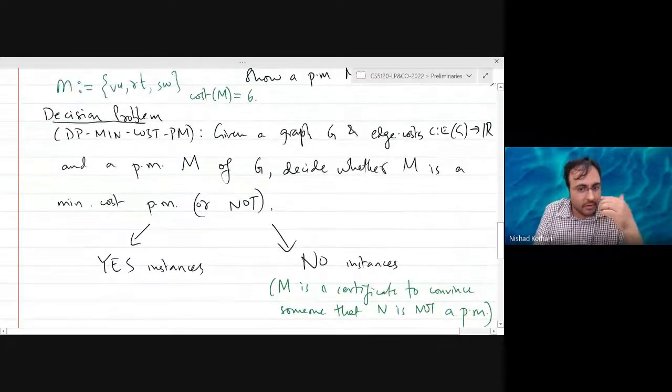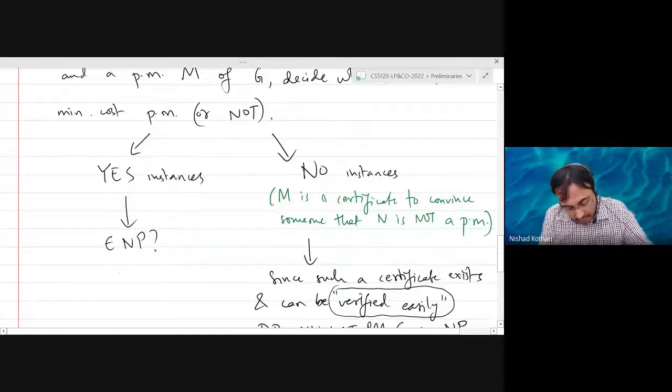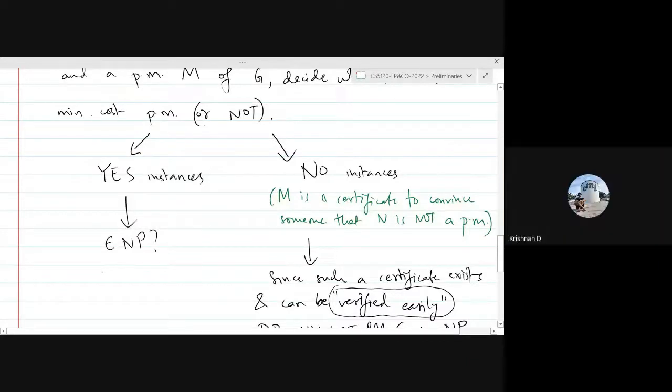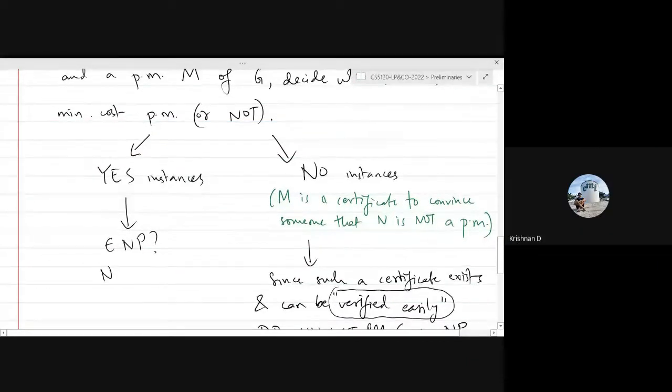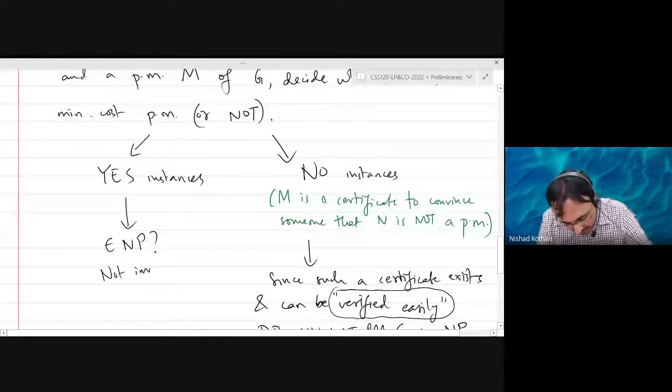It does not work efficiently. So at this point in our discussion, we cannot conclude that this problem belongs to NP. So I'm just going to say, does it belong to NP? It seems like it might belong to NP. It might. It actually does, but I'm just going to say that it is not immediately clear unless we develop more theory.